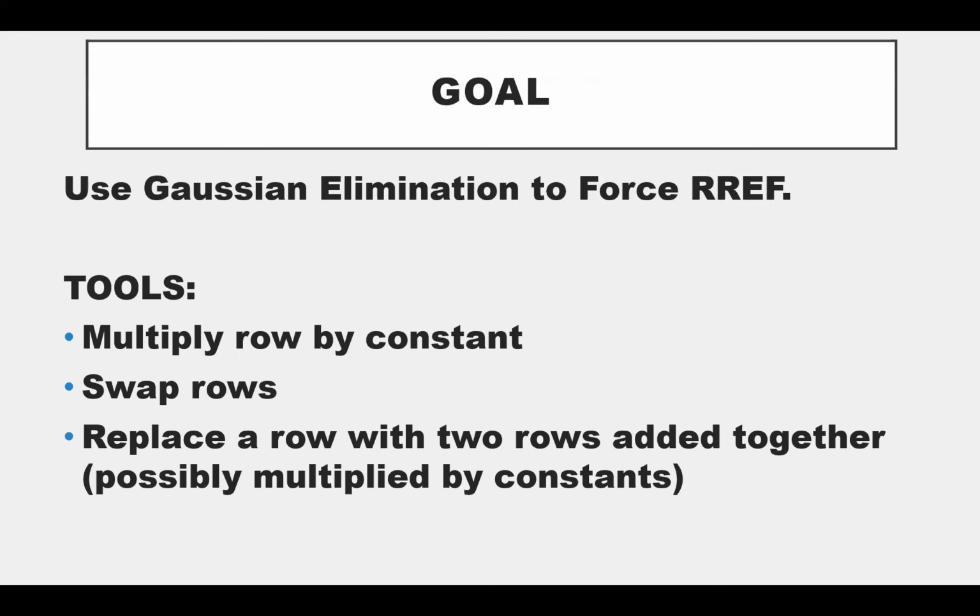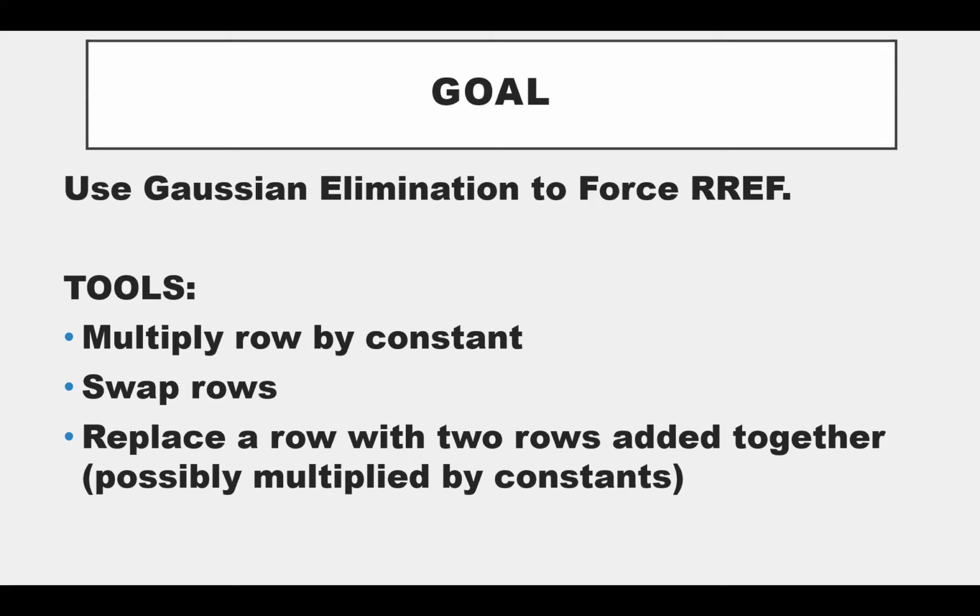So let's refresh our memory. We want to use Gaussian elimination to force this row-reduced echelon form. The tools we're going to use are the following.